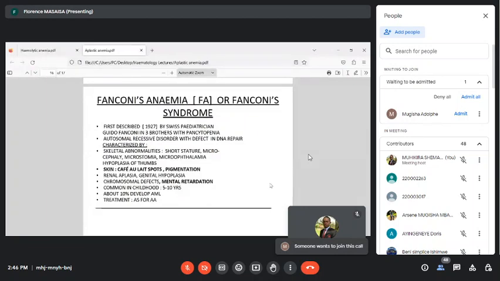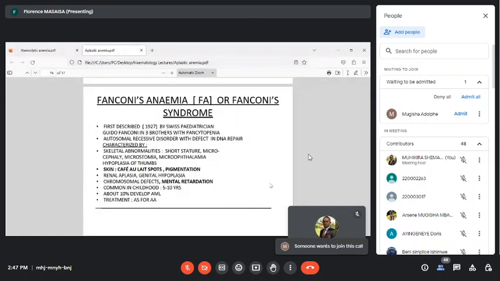Another kind of anemia is what we call Fanconi anemia or Fanconi syndrome, which was first described by a Swiss pediatrician called Guido Fanconi in three brothers who were presenting with pancytopenia.